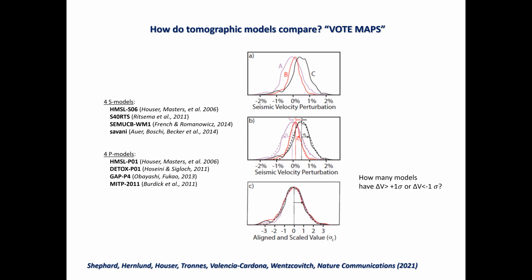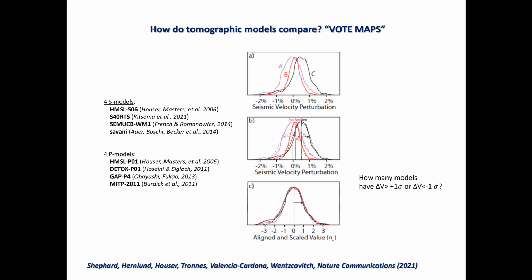It happens these models differ from each other. The amplitude of the velocity heterogeneity varies. The reference varies. So at each depth, you have a histogram of velocity distributions, and different models have different distributions centered at different points.